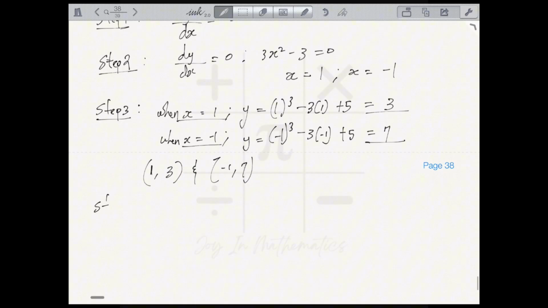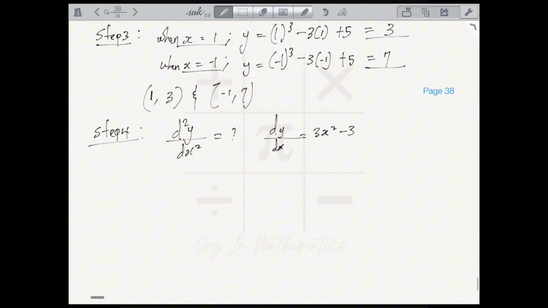Now in step 4, we are asked to evaluate d²y/dx². Now we recall that dy/dx is equal to 3x² - 3. Therefore d²y/dx² is equal to 6x.